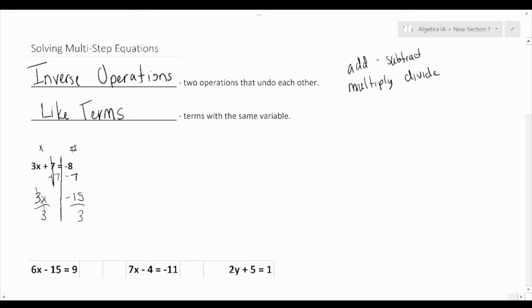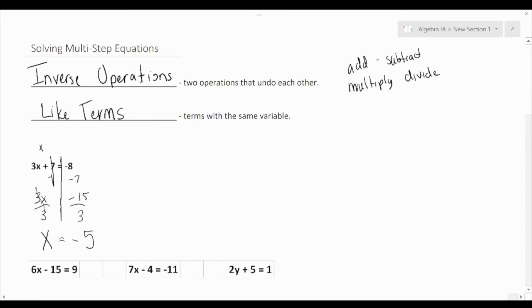So 3 divided by 3 leaves me with 1. I've got 1x, so I'm going to bring it down. Now, we're going to have equals and do negative 15 divided by 3. That will give you negative 5.